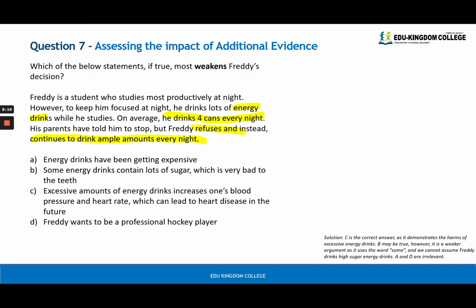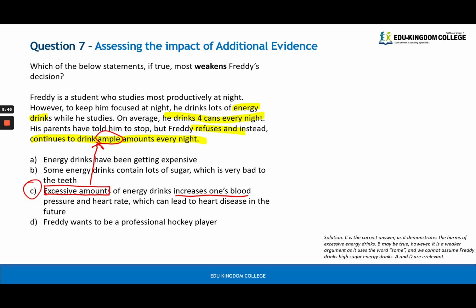The answer here is C. Excessive amounts of energy drinks, too much over the amount of normalcy, which is ample, increases one's blood pressure and heart rate, which can lead to health disease in the future. Thus, this provides a very good counter-argument as to why he should not do what he's doing, which is drinking ample amounts every night. So C is the answer.